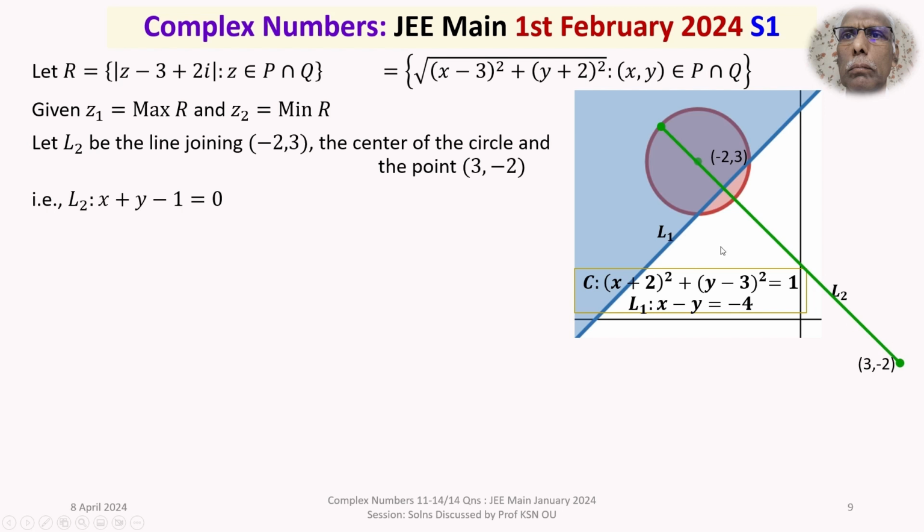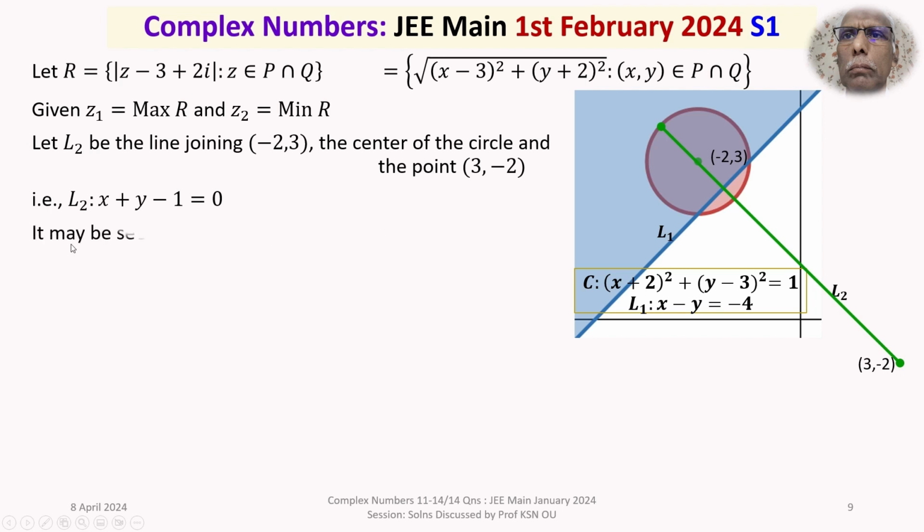What is the line? The line joining minus 2, 3 and 3 comma minus 2. You apply the two-point formula and get the equation of the line. That is L2: x plus y minus 1. Right, so this is the straight line.